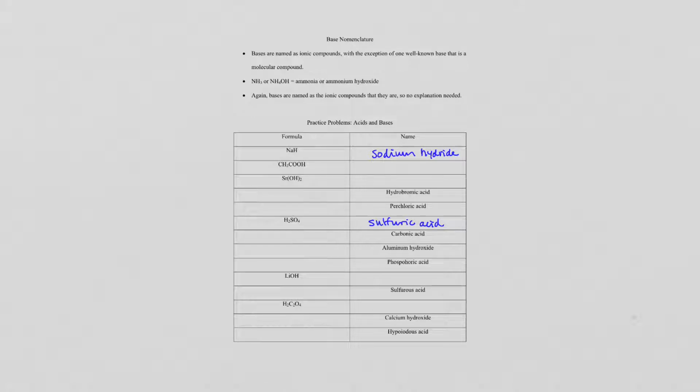And I'll do one more. We will do sulfurous acid, which is actually just the other anion from right here, right? So this would just be H2SO3. And again, very important to get those names right because it's very easy to confuse them.